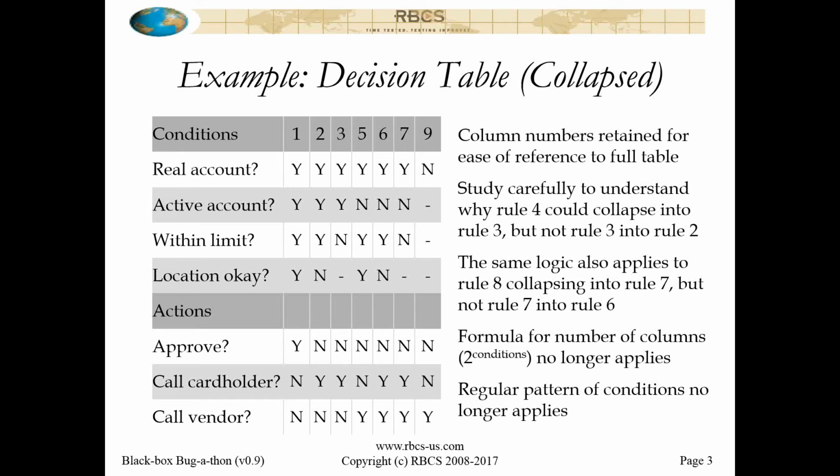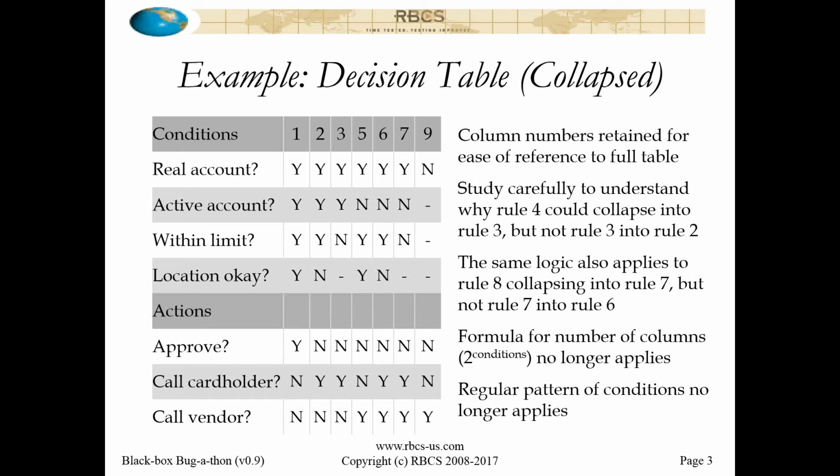So for example, column 9 represents columns 9 through 16 in the full decision table. It basically says that if it's not a real account, so if real account is no, then none of the other conditions matter. That's what those dashes mean. They mean these are just not important conditions, and we can ignore them.